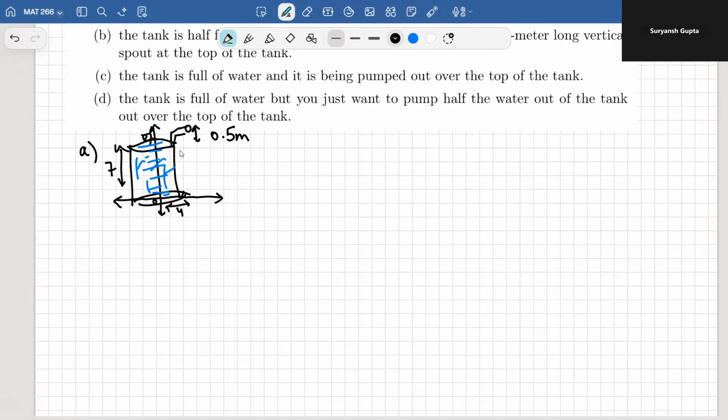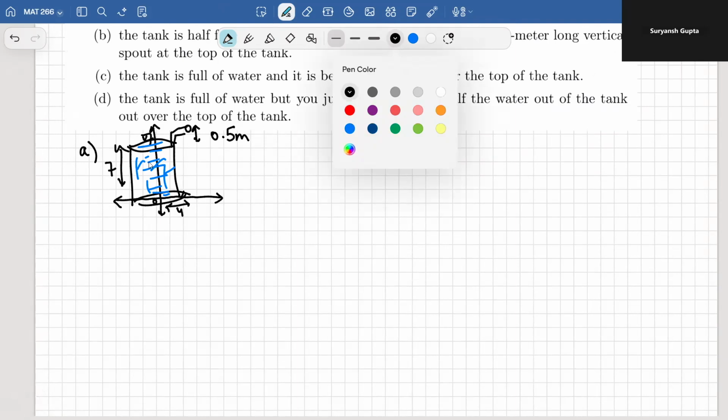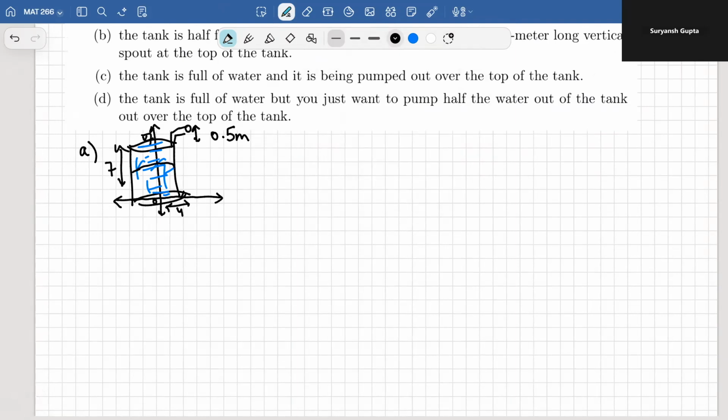So we can start with the area of the cross section. If I take an arbitrary thin slice here, the area of this thin slice is equal to pi r square because that's the area of the circle and it's a cylinder. The radius is given to us as 4, so pi times 4 squared, which is equal to 16 pi.